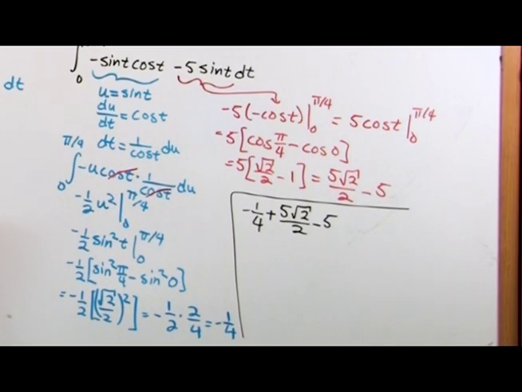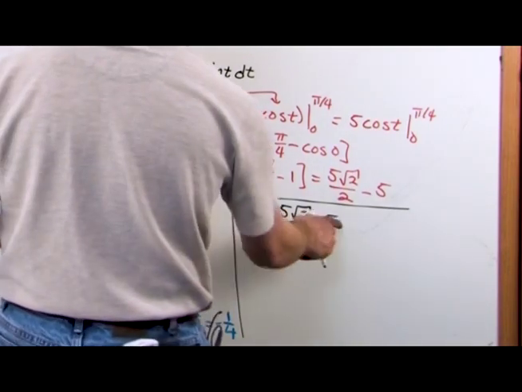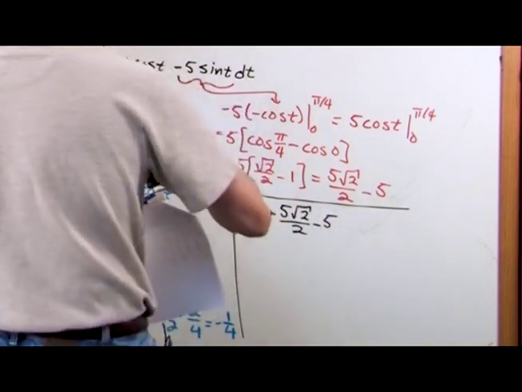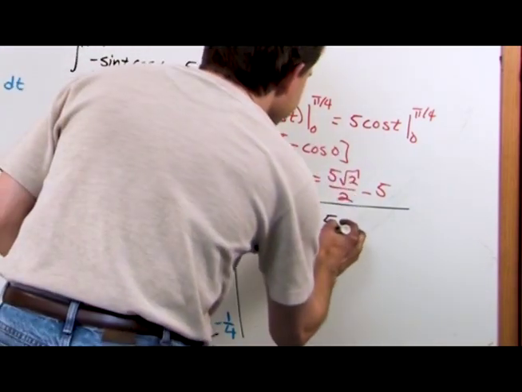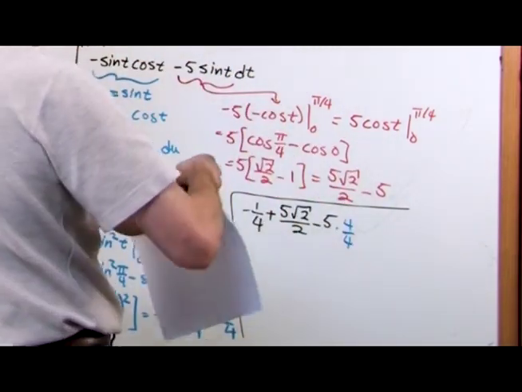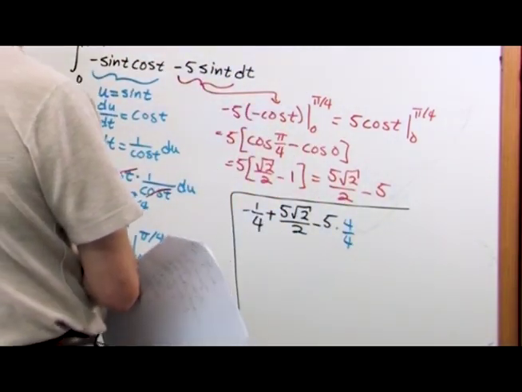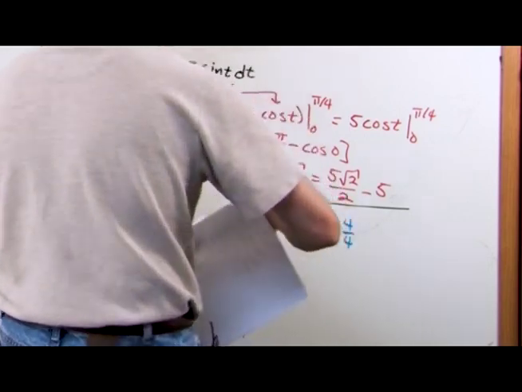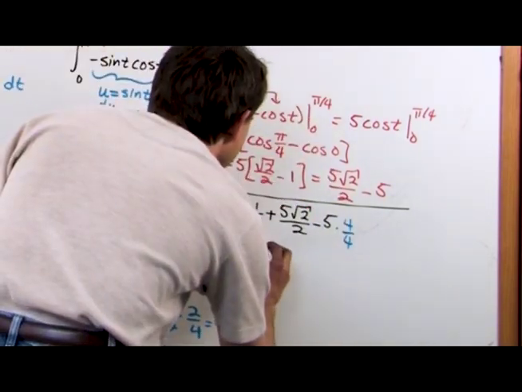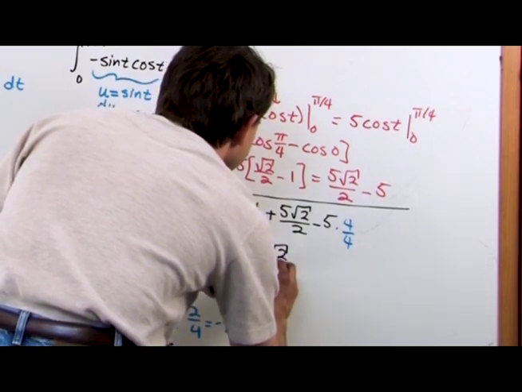Minus 5. Now let me ask you this, how do I continue solving this? I want to add these two numbers together. So what I'm going to do is multiply this 5 by 4 over 4. So I'm multiplying by 1. The only reason I'm doing that is because I want to get a common denominator. So what I'm going to have at the end of the day is 5 times the square root of 2 over 2.